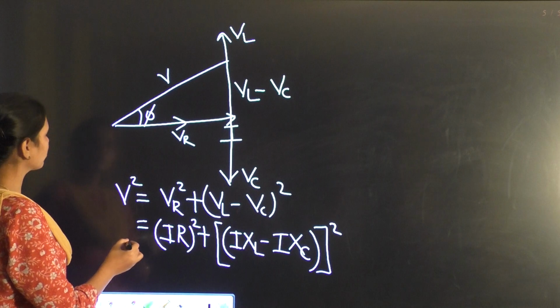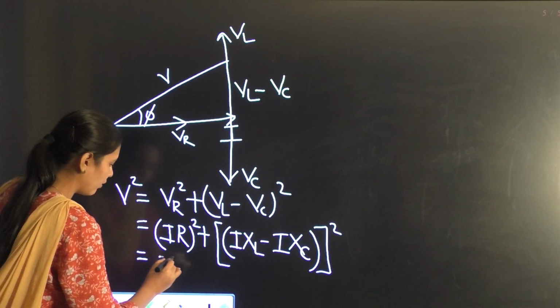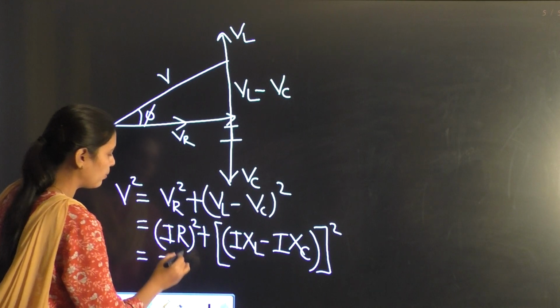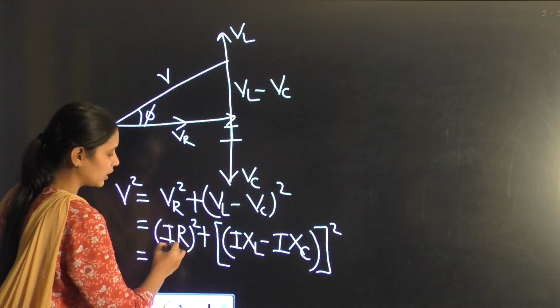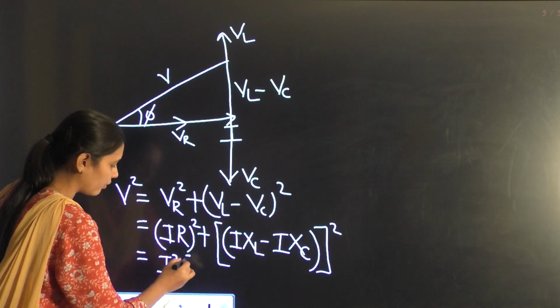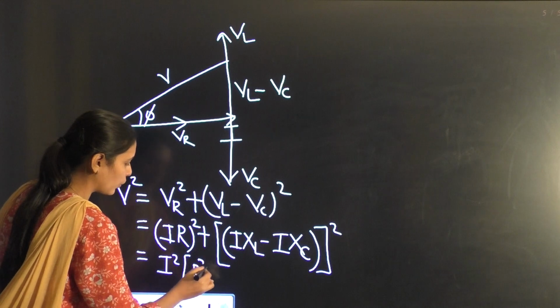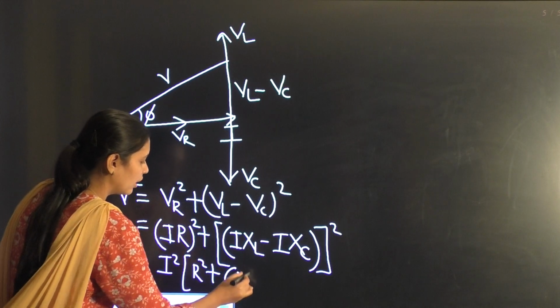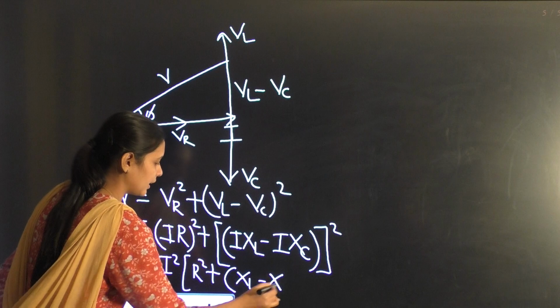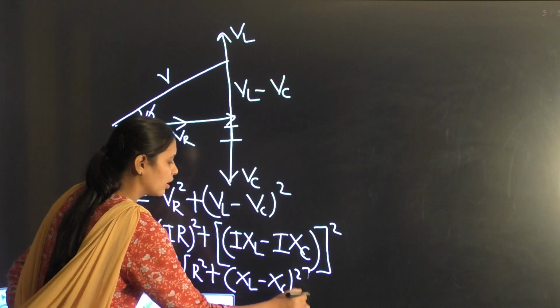Taking I square common, I will get R square plus XL minus XC whole square.